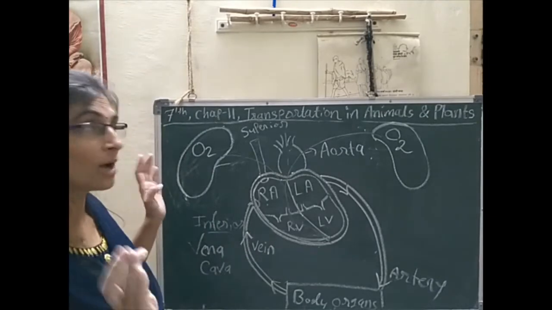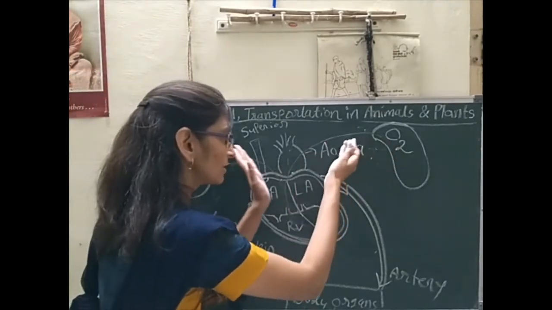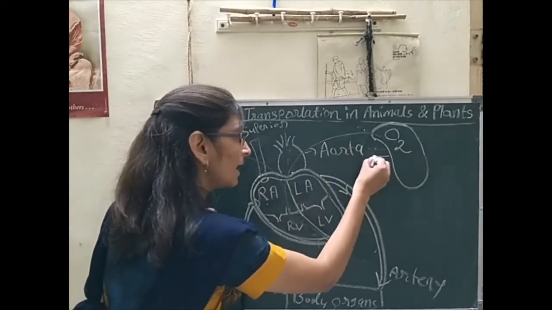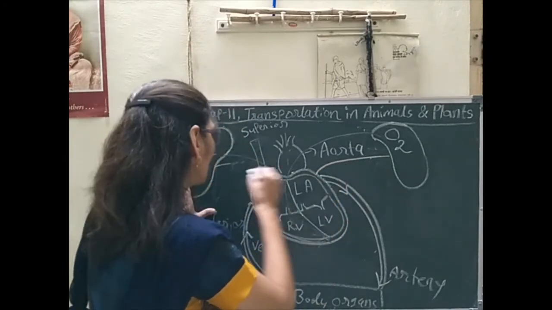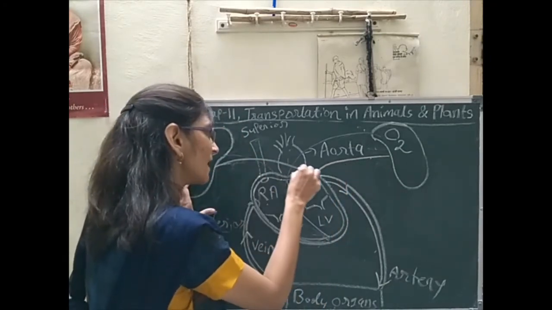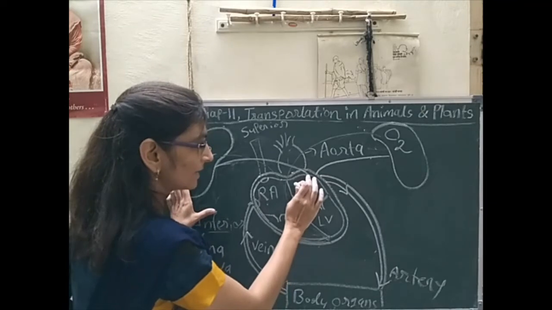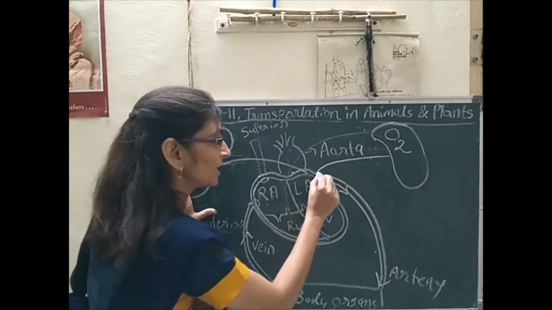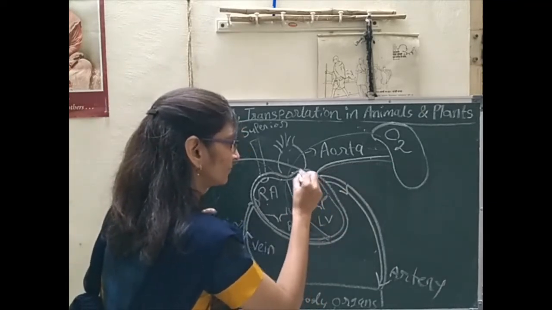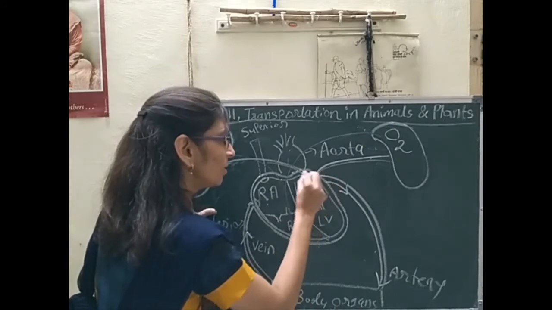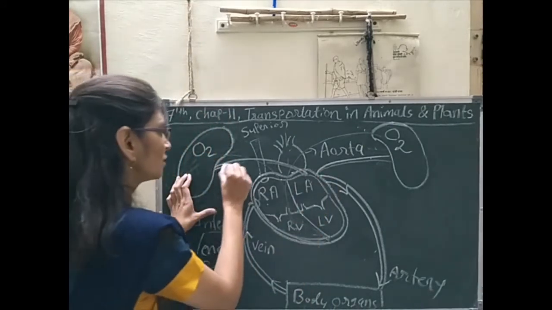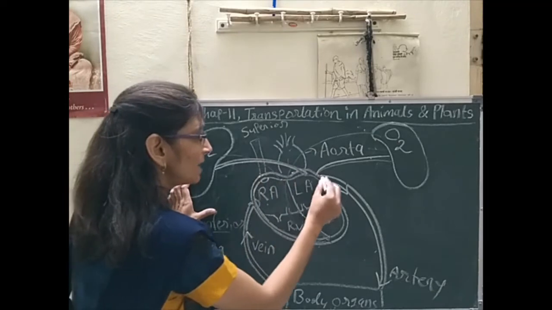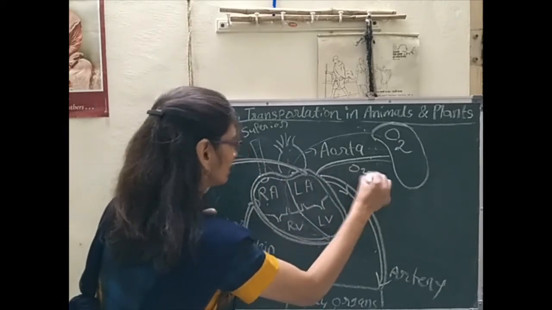But now from the lungs the oxygenated blood will reach this left side, because at that side only oxygenated blood is received. So from the lungs again the oxygenated blood is received.